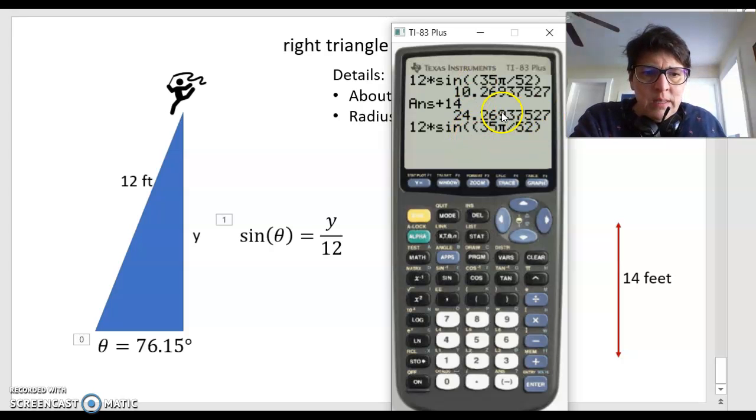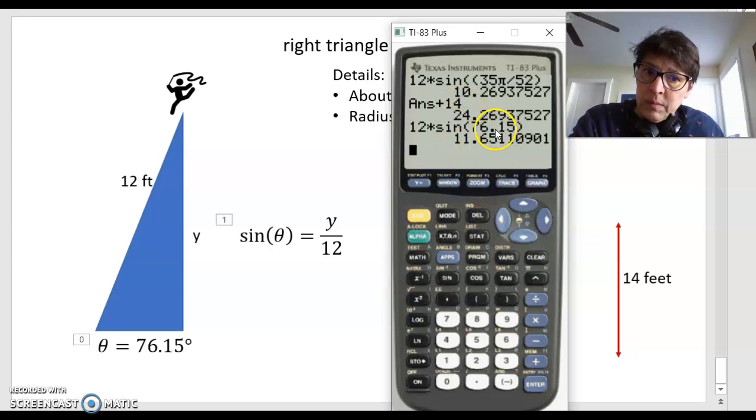Okay, but this is wrong. So I'm going to have to delete. 76.15, close parenthesis. So you see the difference? This is a radian angle and this is a degree angle.